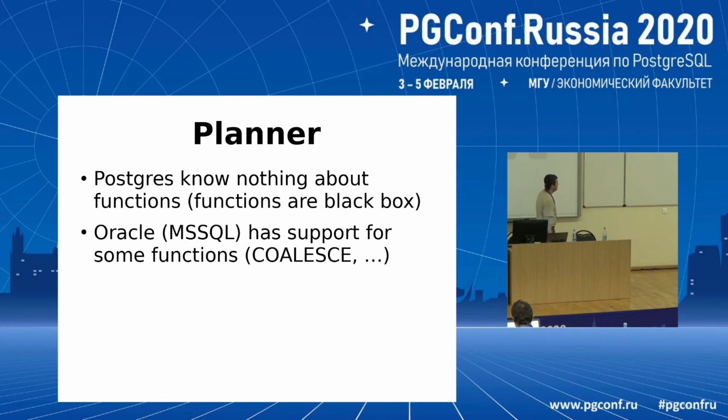Another issue is related to functions. When you use a function in a WHERE clause, you have to know that a function is a black box for almost all databases. But some functions are recognized by databases. For example, Oracle and Microsoft SQL know the semantics of the COALESCE function.